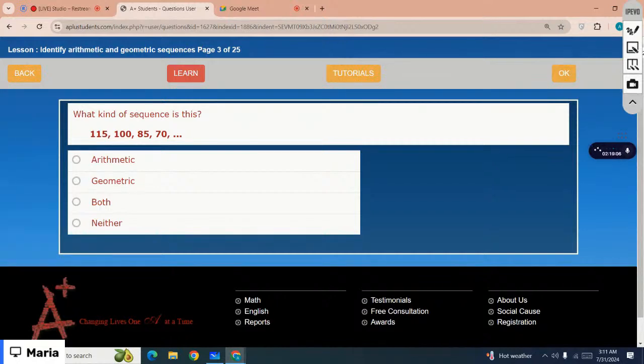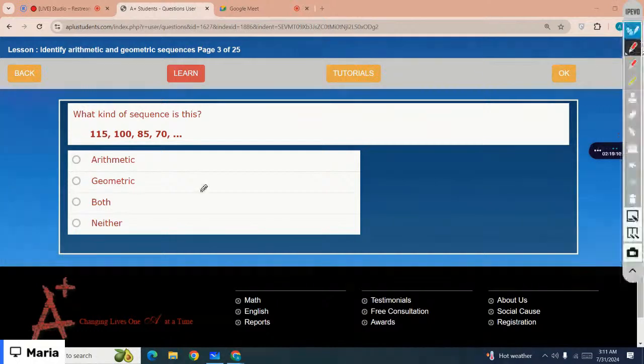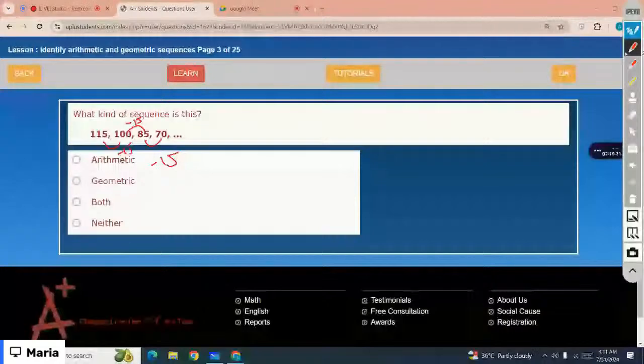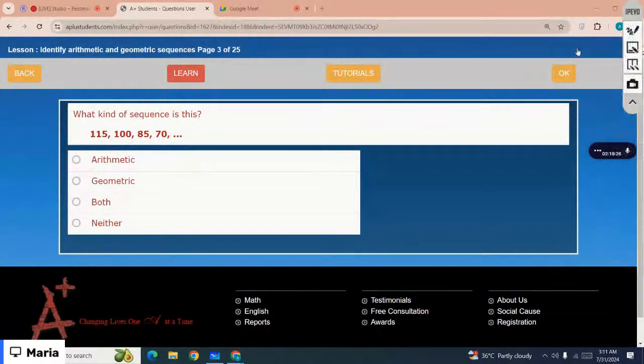You have to subtract 15. 115 minus 15 is 100, 100 minus 15 is 85, and 85 minus 15 is 70. The same number is subtracted over and over again, so that is an arithmetic sequence. The correct option is arithmetic sequence.